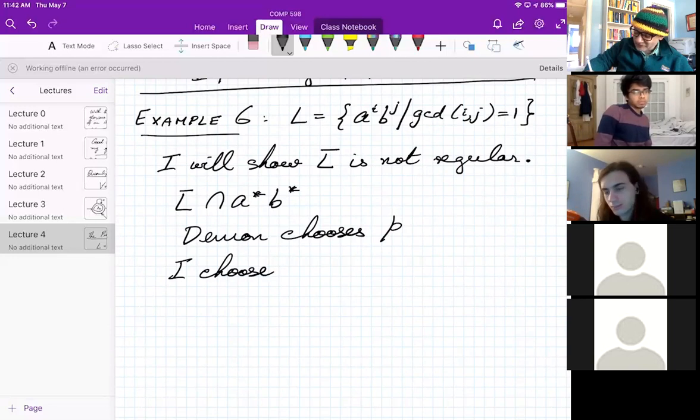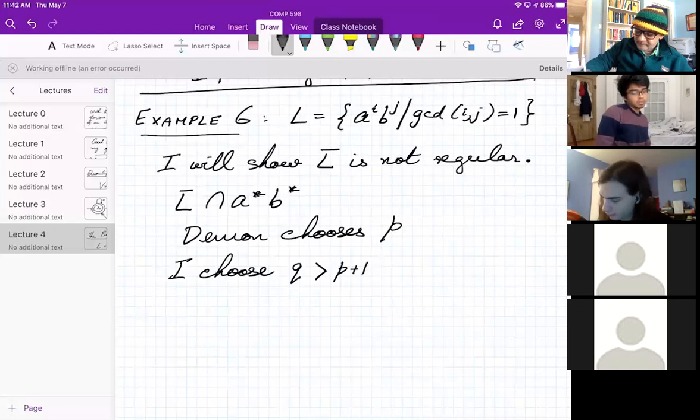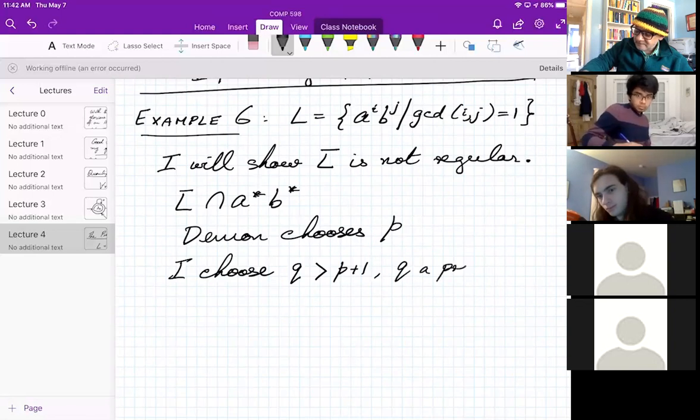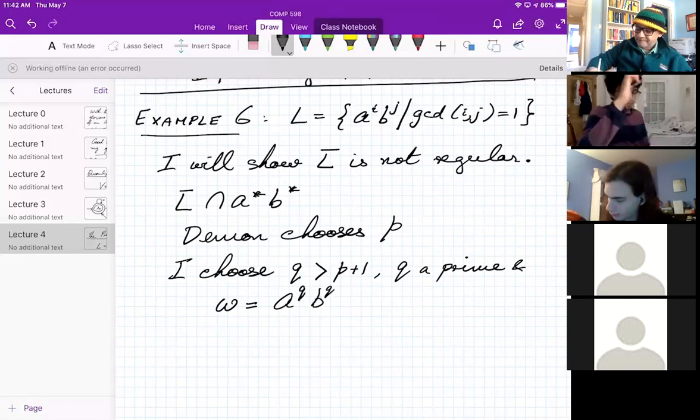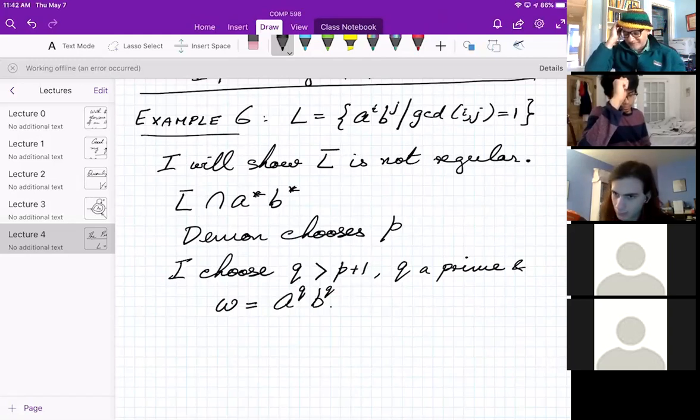So I choose Q strictly greater than P plus 1 with Q prime, and W equals A to the Q B to the Q. So of course, the GCD of Q and Q is Q, not 1. So it's in L complement intersection A star, B star.